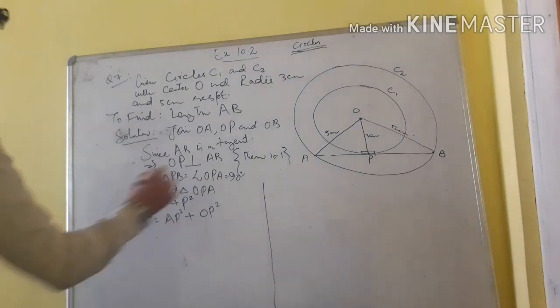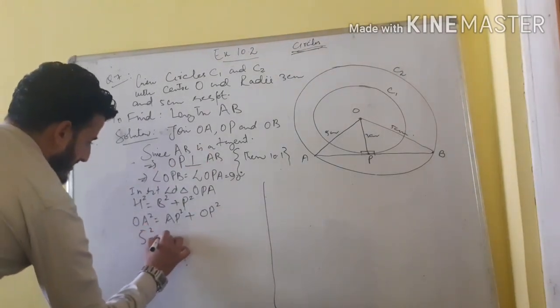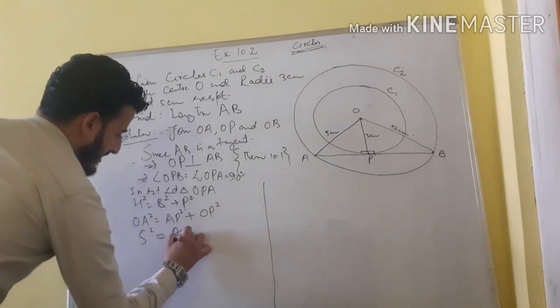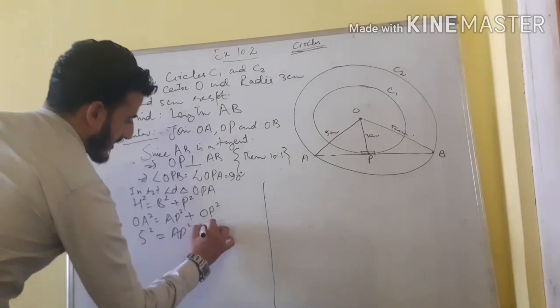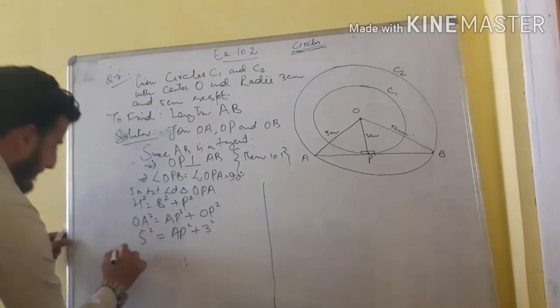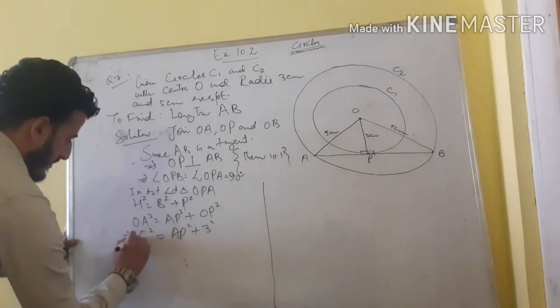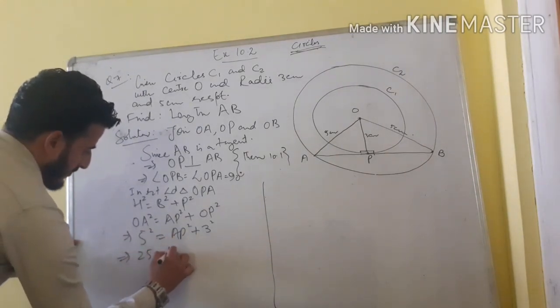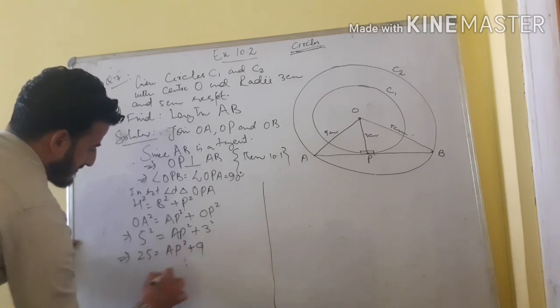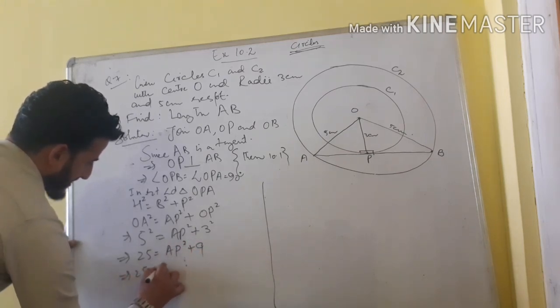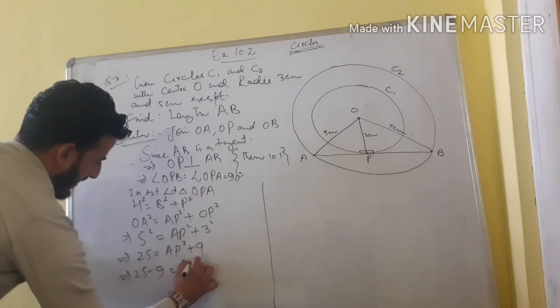So putting the values here, OA is actually 5, so 5 square is equal to AP square, which is not given, plus OP, which is given as 3, so 3 square. Implies 25 is equal to AP square plus 9. Implies 25 minus 9 will be equal to AP square.